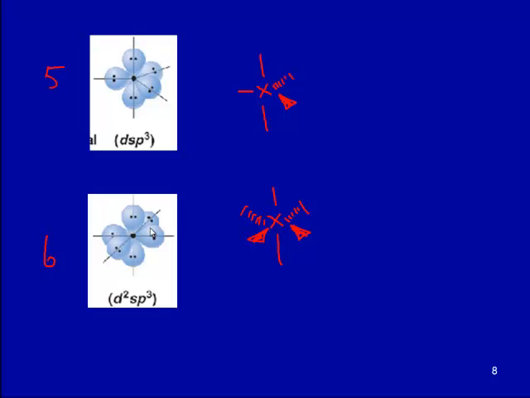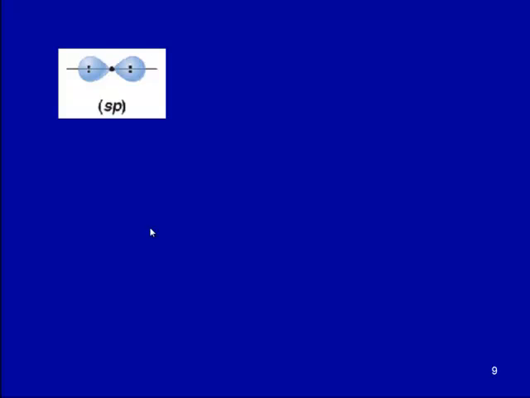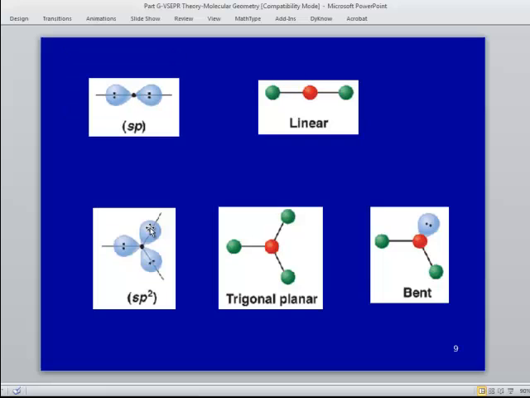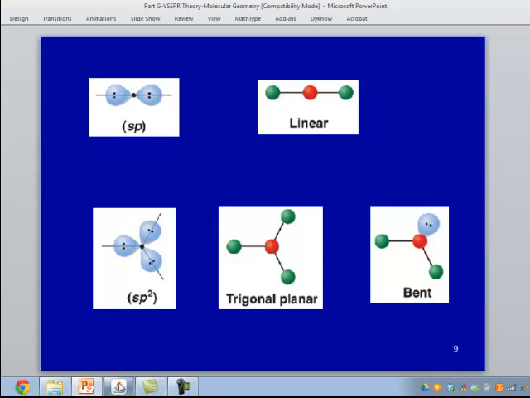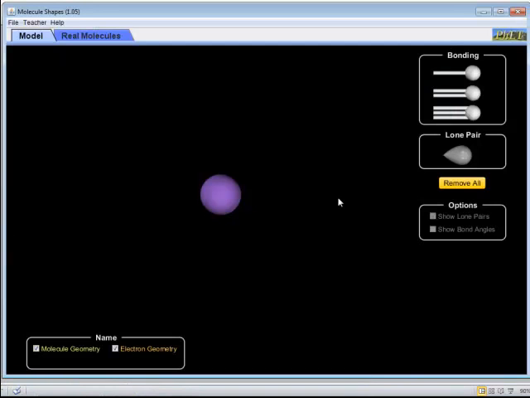And then let's see how this is related to the shape of the molecules. Let's go back to the University of Colorado simulation, and you can see here we have a central atom.